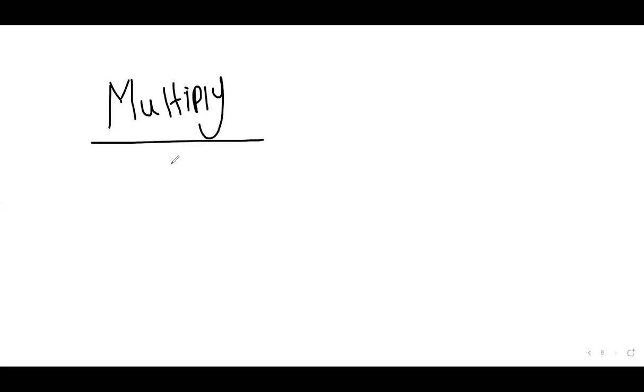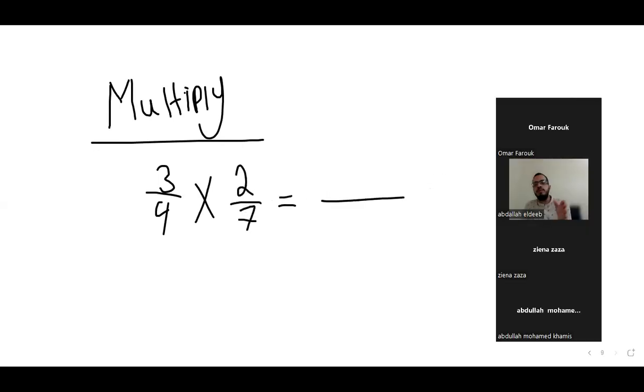How to multiply fractions? Three over 4 times 2 over 7. In multiplying fractions, it's much easier. No need to make a common denominator at all, like adding and subtracting. How to do it?